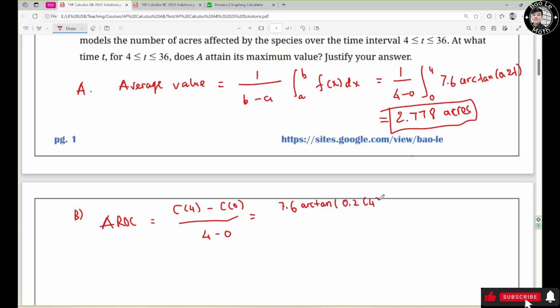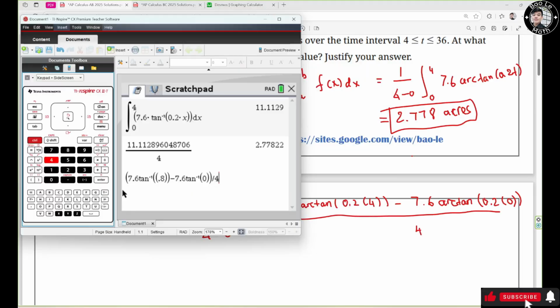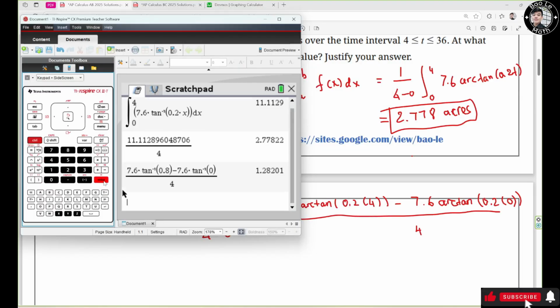So it's going to be 7.6 tangent of 0.2 multiplied by 4, subtract 7.6 tangent of 0.2 multiplied by 0, divide by 4. So you bring up the calculator and hit enter.